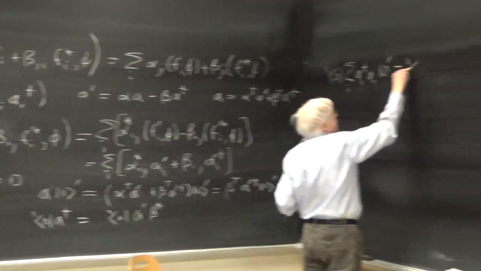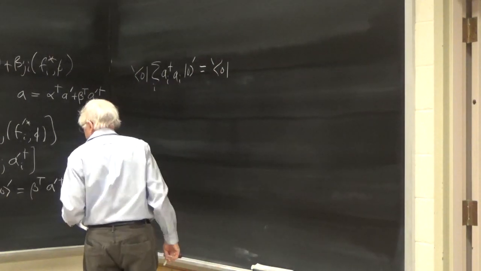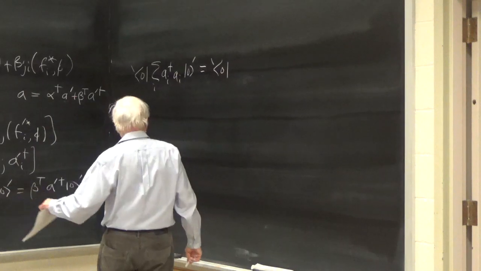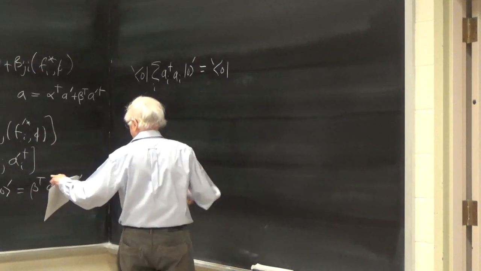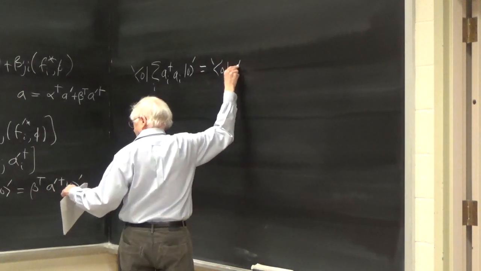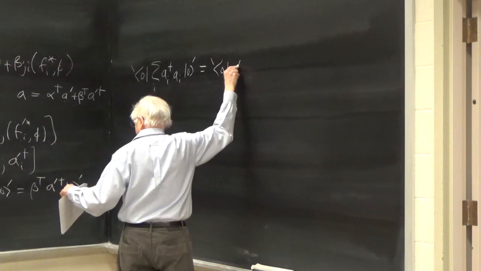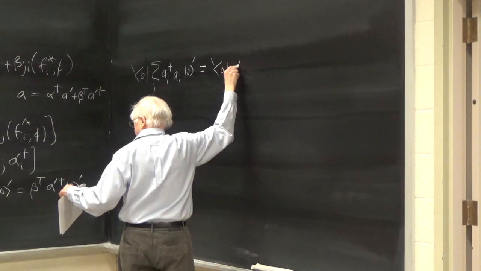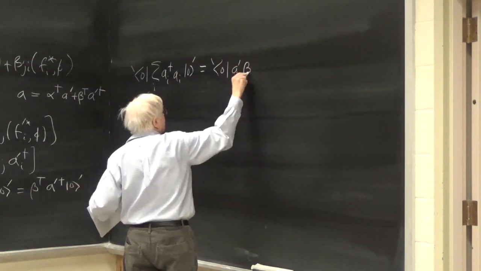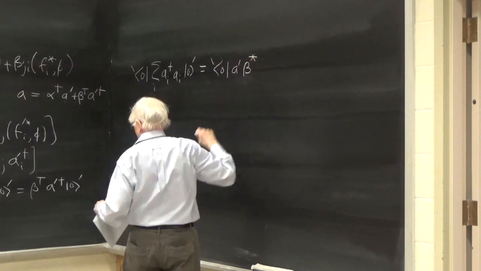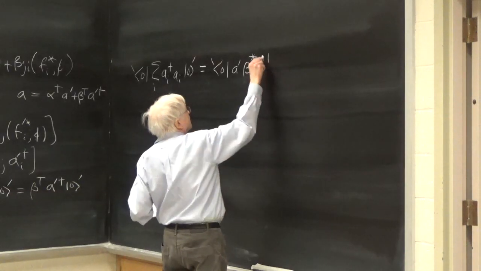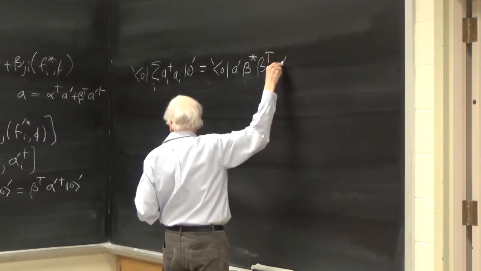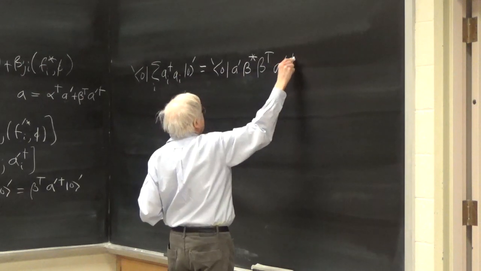Well, in matrix notation, in fact, I could have written it the other way, namely A prime beta star, and then this, which is beta transpose A prime dagger.